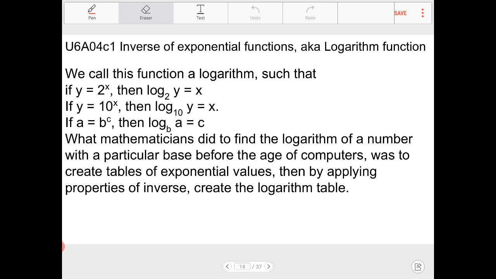So again, what mathematicians did to find a logarithm of a number with a particular base before the age of computers was to create tables of exponential values. Then by applying properties of inverse, they created the logarithm table.